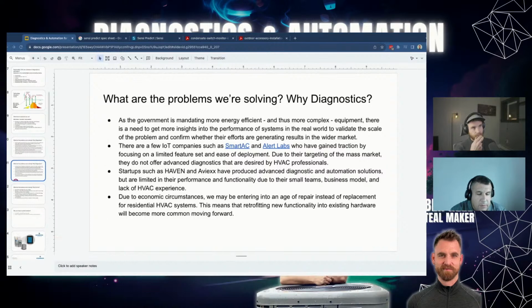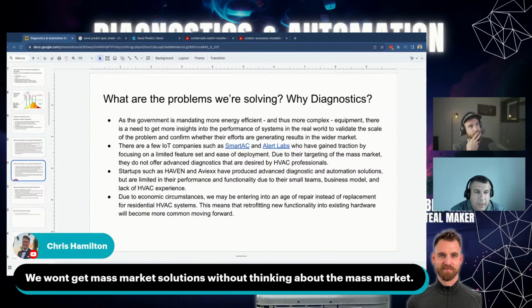You're not going to be able to grow and sustain a business just catering to the HVAC nerds. You've got to tap into the mass market. And that means you have to be aware of what their pain points are, what their goals are.